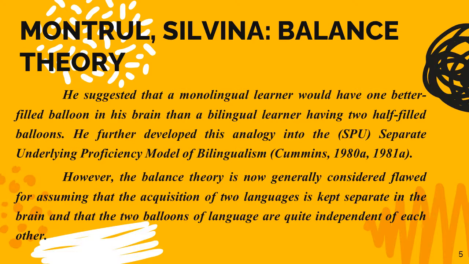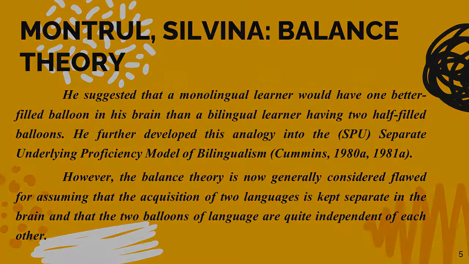He further developed this analogy into the SPU or separate underlying proficiency model of bilingualism. However, the balance theory is now generally considered flawed for assuming that the acquisition of two languages is kept separate in the brain and the two balloons of language are quite independent of each other.